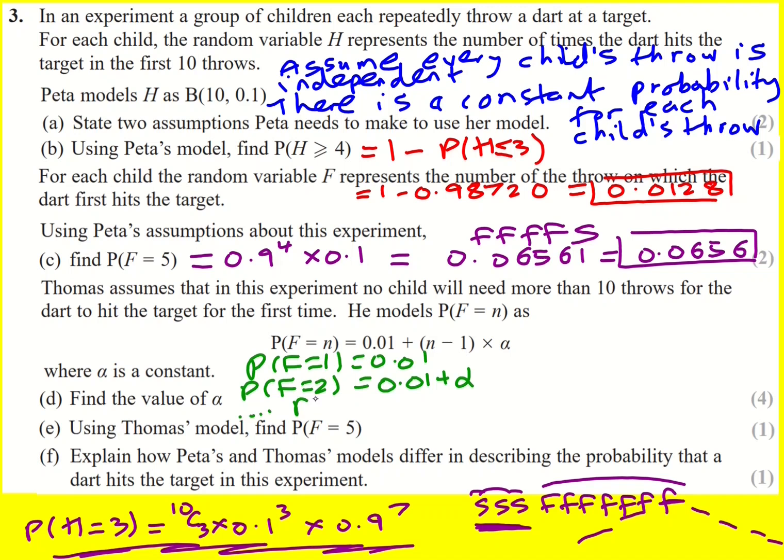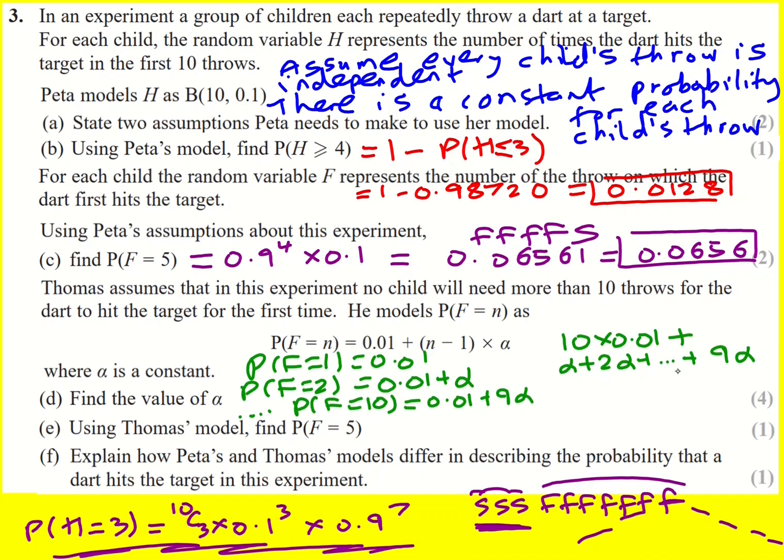And we'd carry on until we get the probability that f equals 10 as 0.01 plus 9 alpha. So I want to sum all of these up. I'm going to have 10 lots of 0.01, and then I'm going to add alpha plus 2 alpha all the way up to 9 alpha.